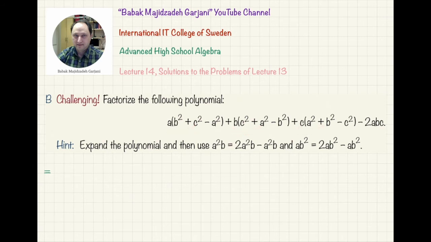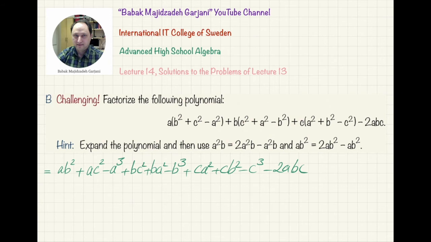So this becomes ab squared plus ac squared minus a cubed. Then I will have bc squared plus ba squared minus b cubed. And then ca squared plus cb squared minus c cubed minus 2abc.